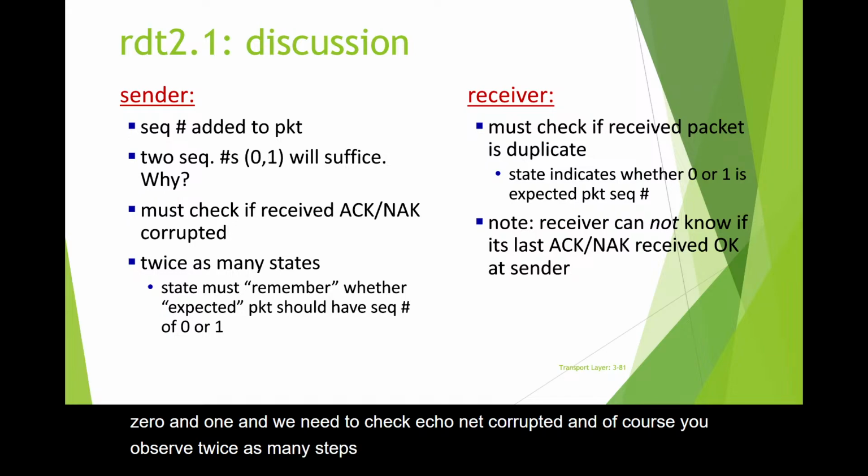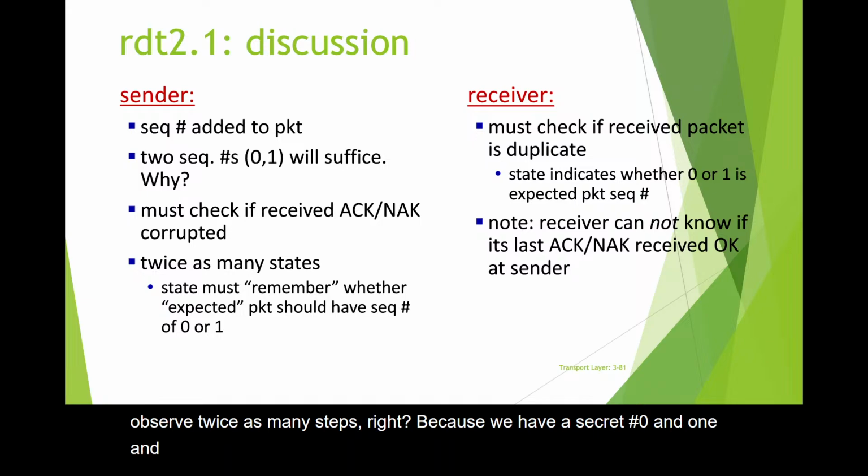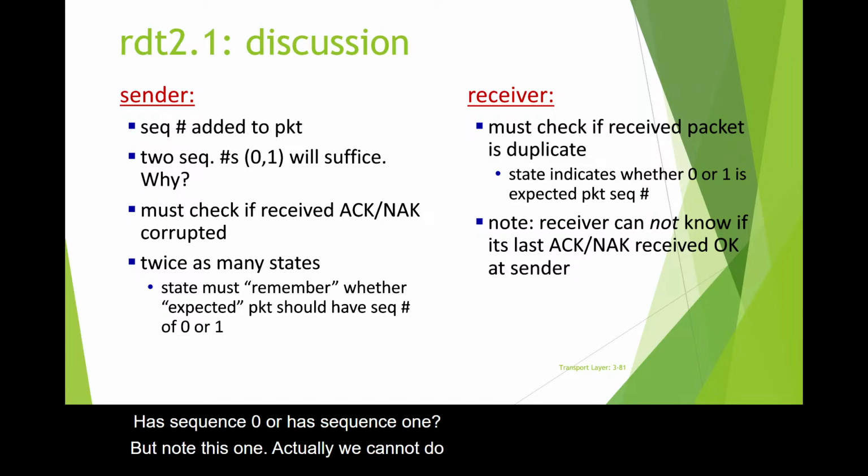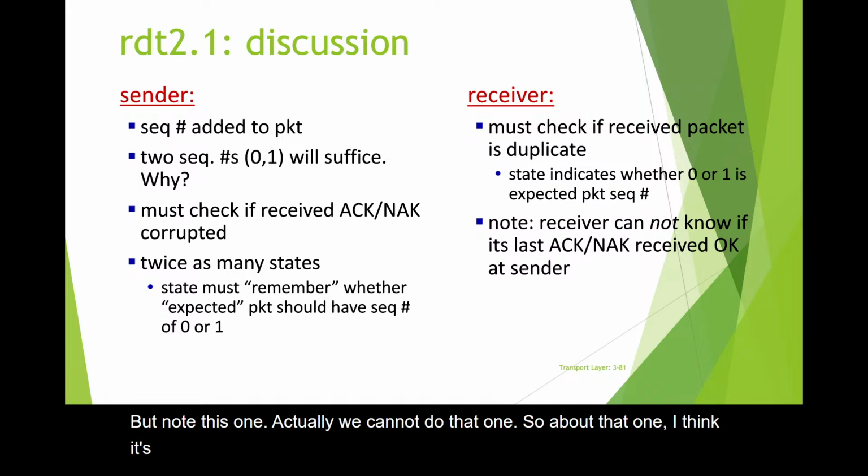Because we have sequence number 0 and 1. And receiver, we need to check duplicate or not. So we should have has sequence 0 or has sequence 1. But note, this one actually we cannot do. So about that one, I think it's the final one. However, let me check this one for you.